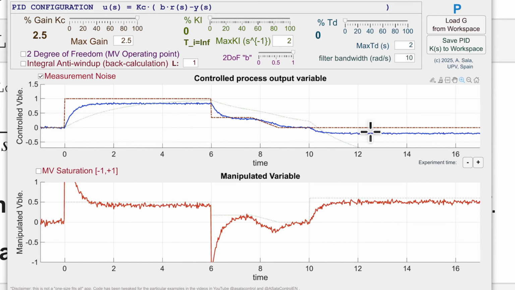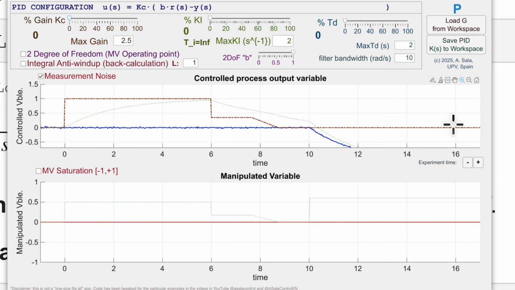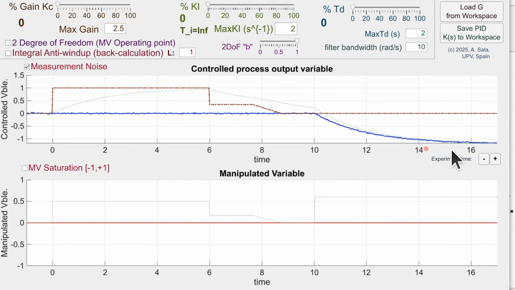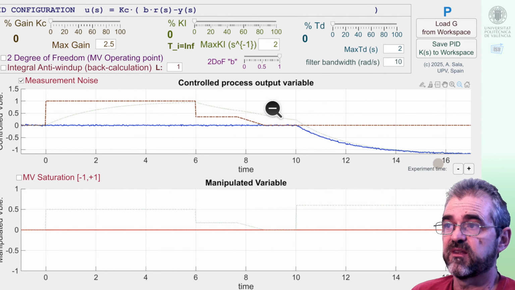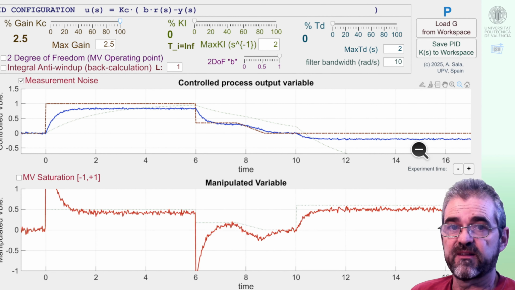Well, another interesting number we could get is the quotient between the no control situation and the controlled one. If I put 0 gain, then my process drifts away an increment of 1.2 units, but if I switch my control on, then I am at 0.2 units deviation.